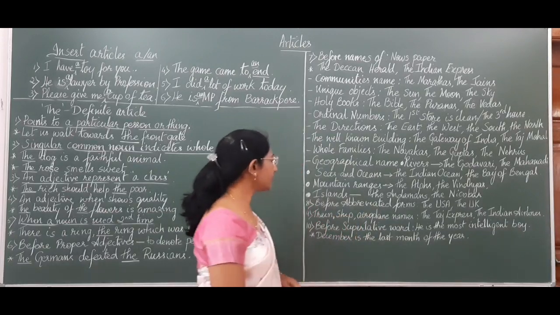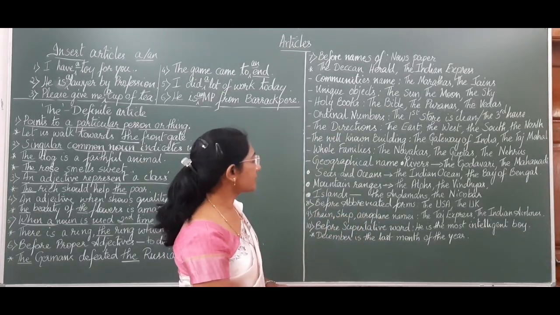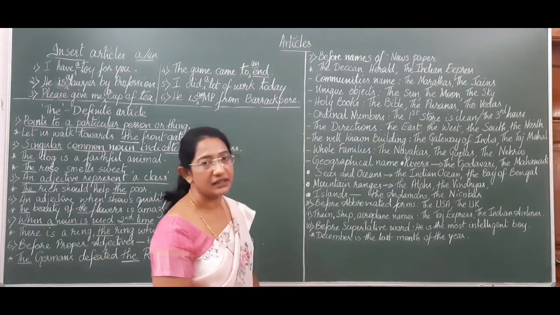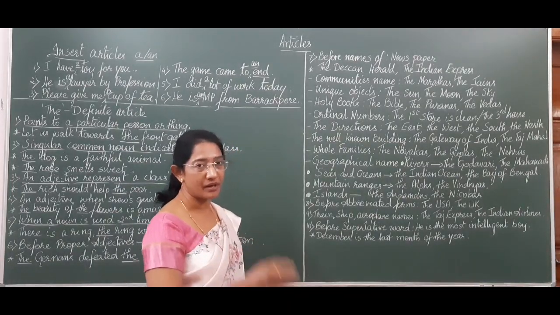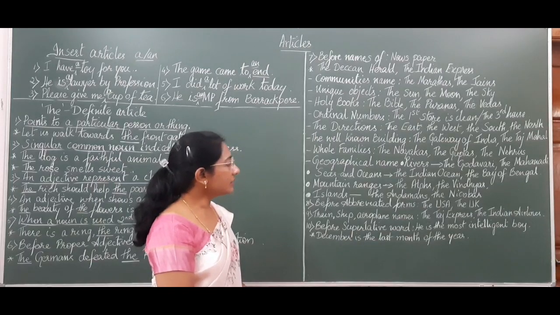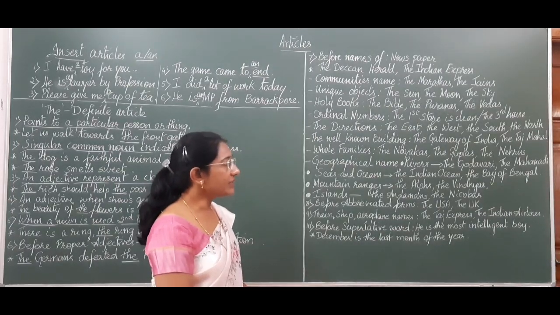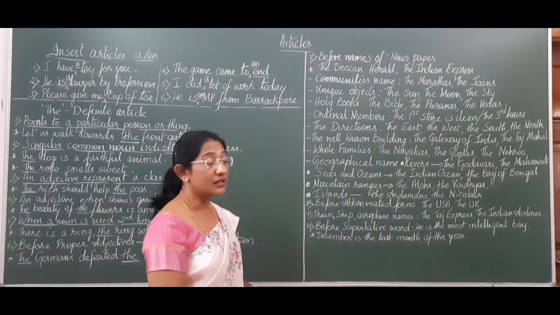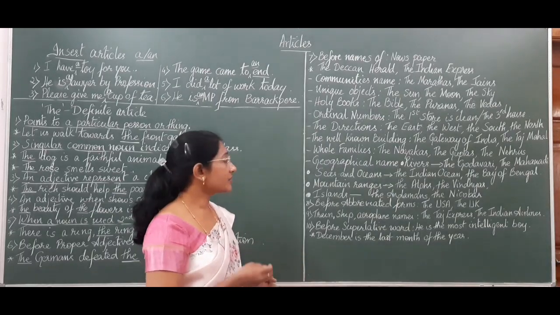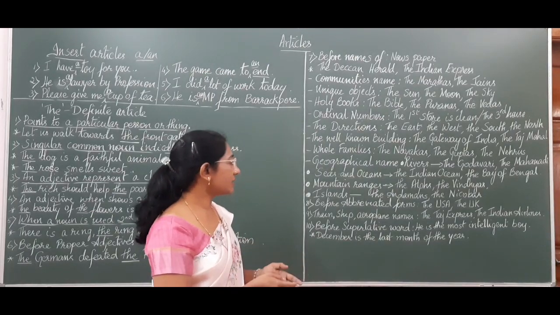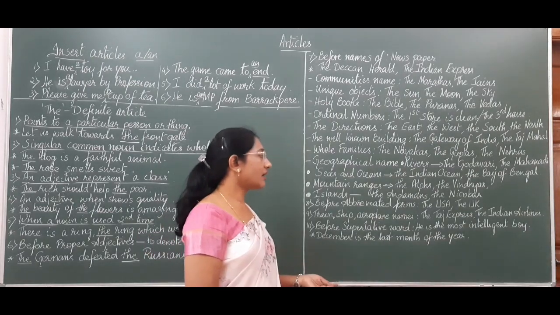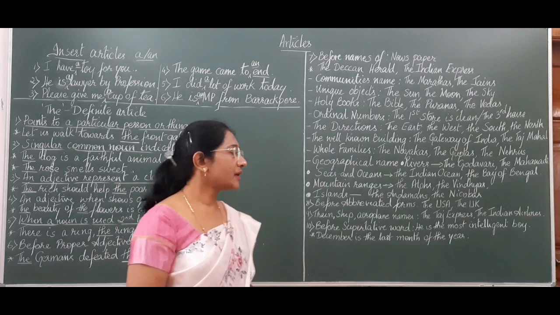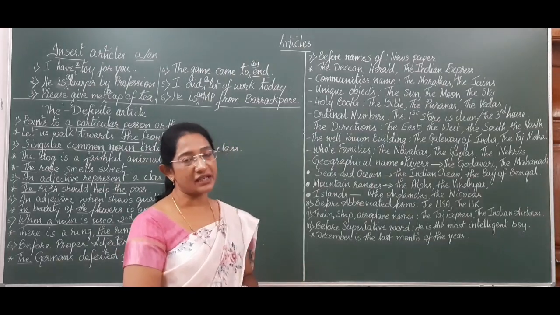The names of these trains, ships or aeroplanes always take the article the, because they specify or particularize. The Taj Express, the Indian Airlines, the Rodericks. So these are the names of the planes, trains and ships. They take the definite article the.